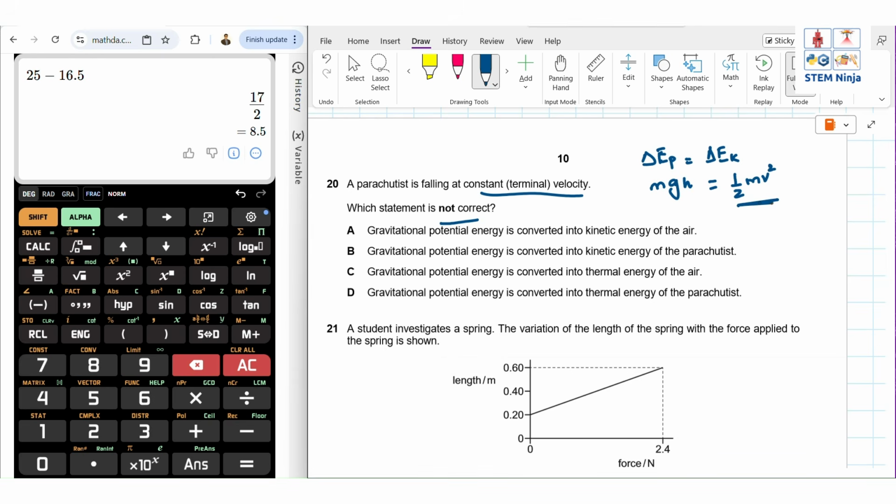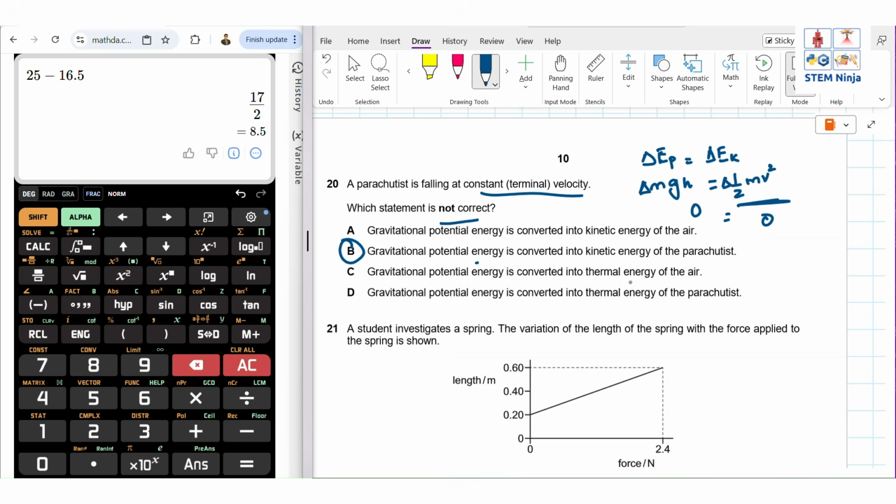So if this part is 0, then that means the gravitational potential energy is also the same thing. This means that the gravitational potential energy is not being converted into the kinetic energy of the parachutist. So the kinetic energy of the air does not matter. What is not correct is that gravitational potential energy is converted into kinetic energy of the parachutist. This is not happening. So 20 is B.